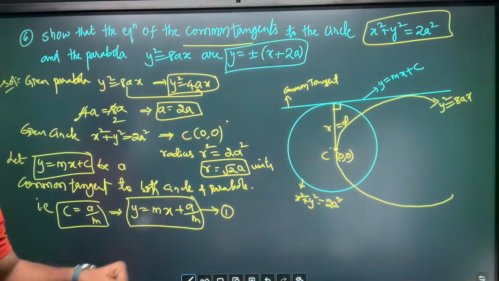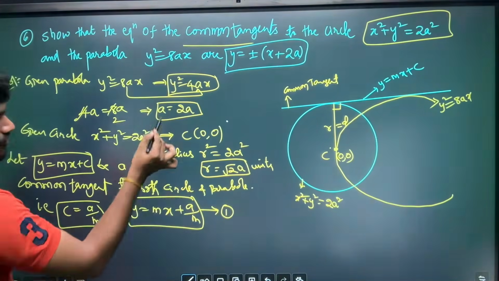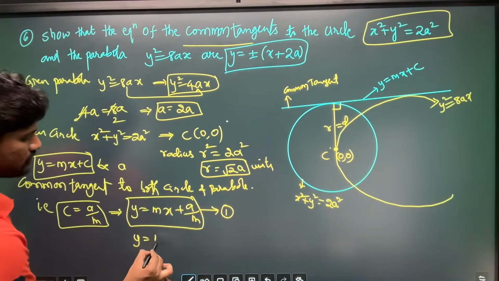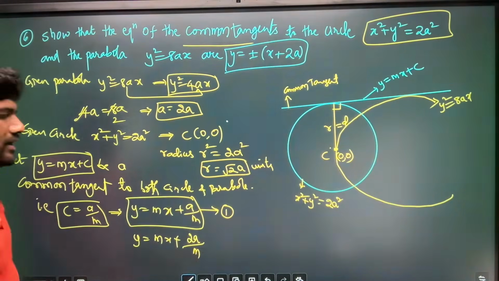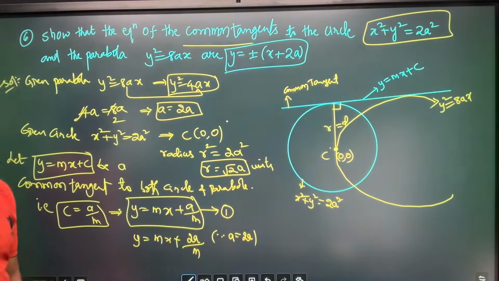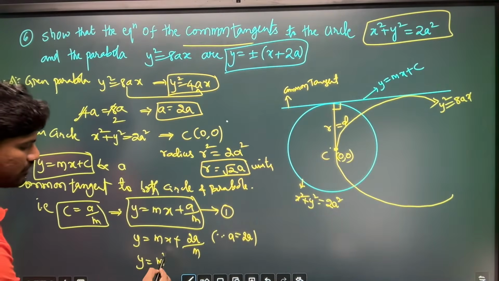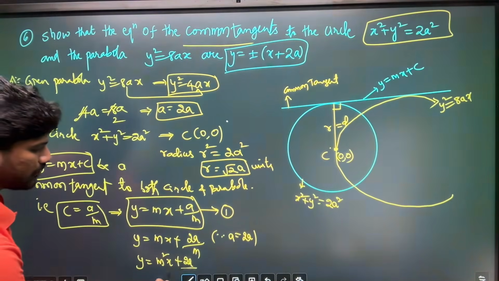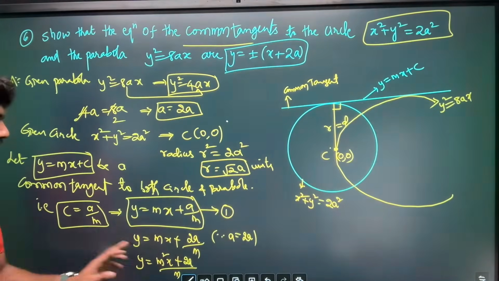Now in place of a, what is the small a value? Small a is equal to 2a, so substitute 2a since small a is equal to 2a. Clear? So now take LCM. So y is equal to m square x plus 2a by small m.